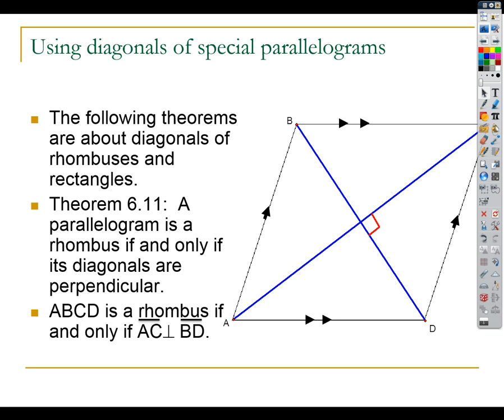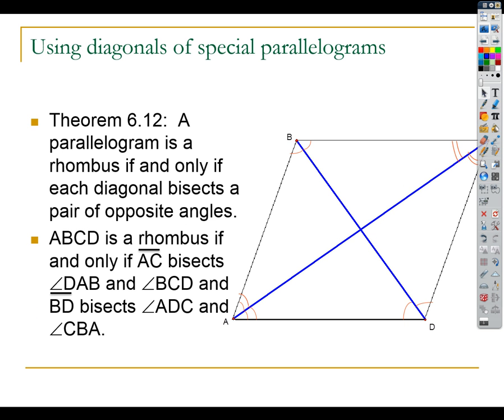That's a property of rhombuses, right? So we can say the diagonals are perpendicular if and only if it's a rhombus. It goes both ways, right? We also know perpendicular diagonals go with rhombus.